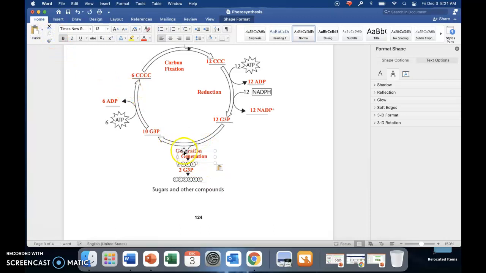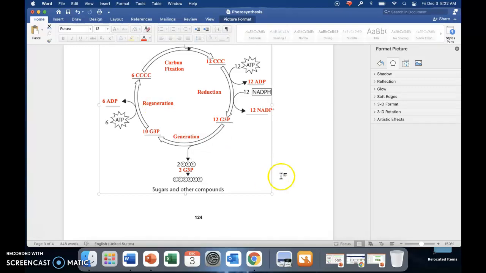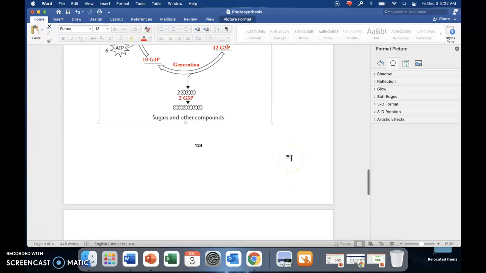And then finally, some of that goes into regeneration, or the reproduction of our RuBP, so our cycle continues. So carbon fixation, reduction, generation, as we see right there, and regeneration. Okay, there's again your 4 steps.